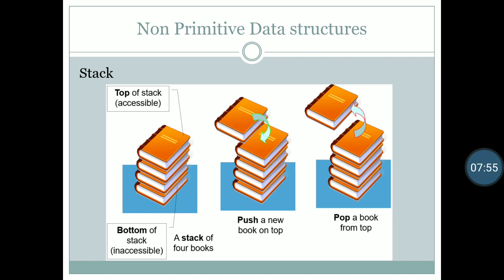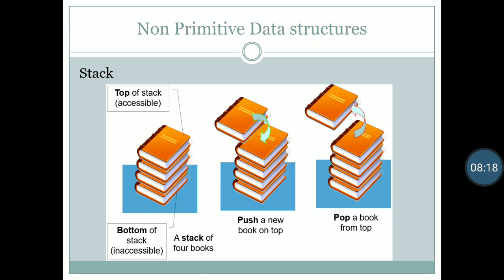Second example of non-primitive data structure is stack. Stack is basically a first in last out or last in first out structure. Let's take an example. In this slide we can see an example of books.